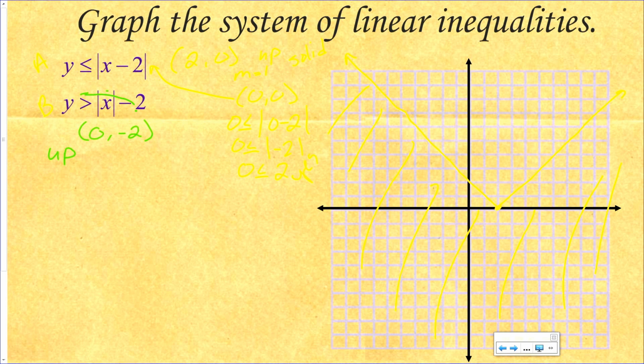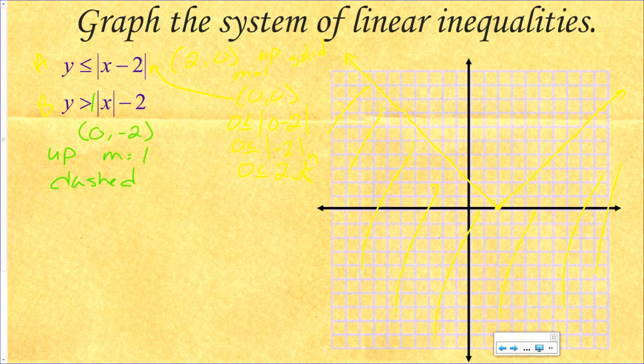Okay, what's my slope? 1, because again, there's a 1 on the outside of my absolute value. That's my slope. Okay? And then is it solid or dashed? Dashed. Good.